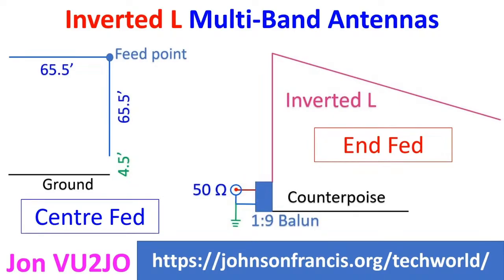I thought of describing a center-fed one and an end-fed one. The center-fed one has been described by W4RNL and the end-fed one by VK6YSF. A center-fed inverted L for 80 meter would be 65.5 feet tall and have a horizontal limb of 65.5 feet.